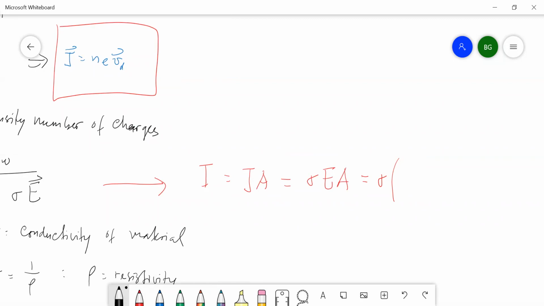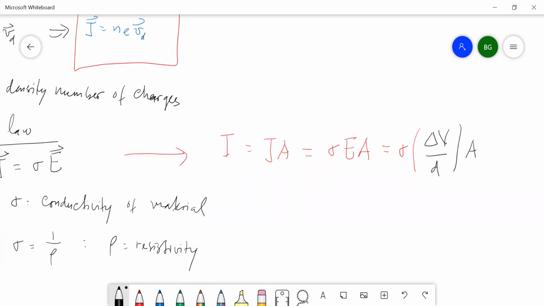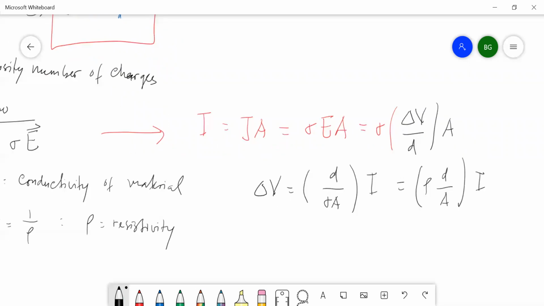Sorry. Delta V over d times sigma A. So as you know, delta V here is d over sigma A times I. So this becomes rho d over A times I.